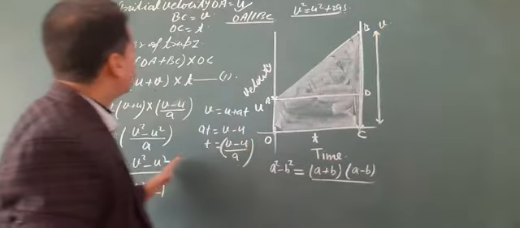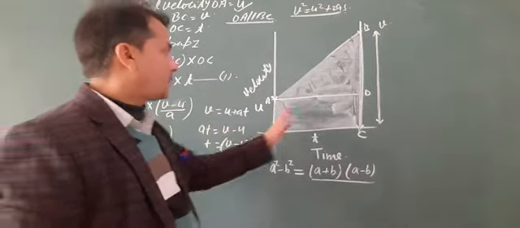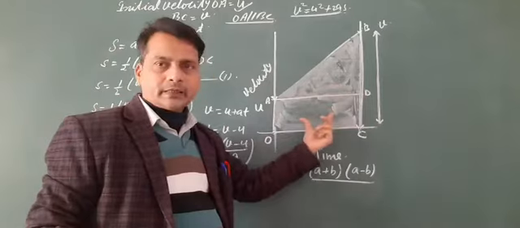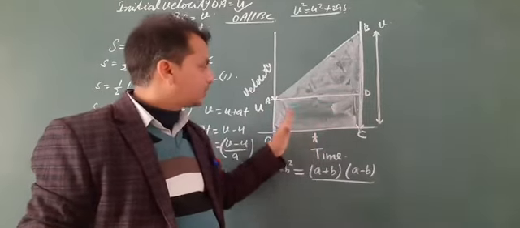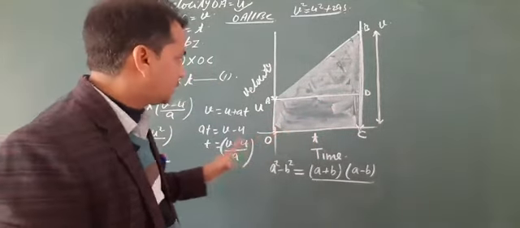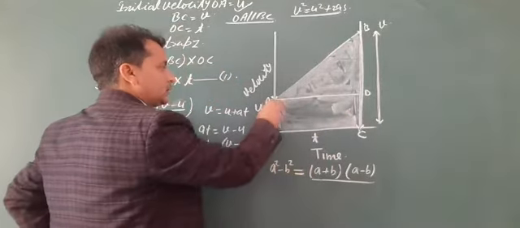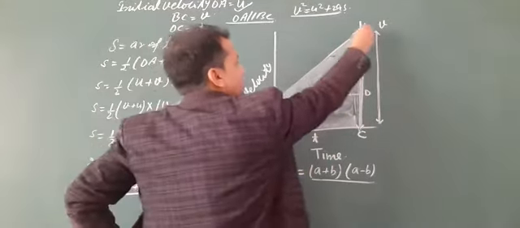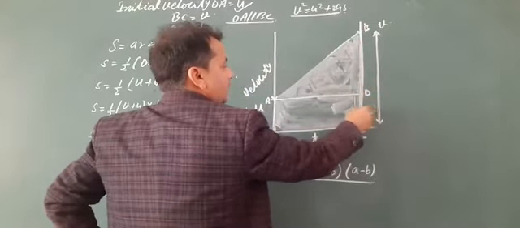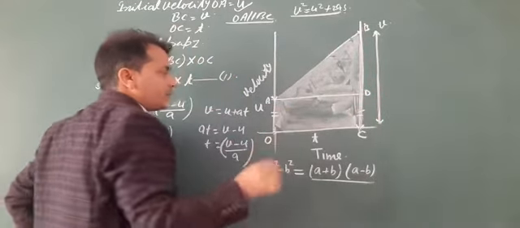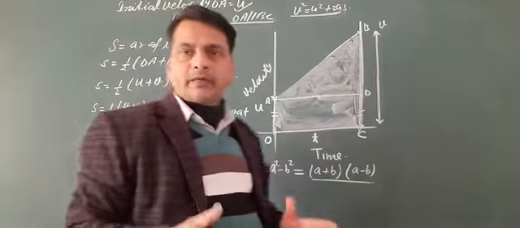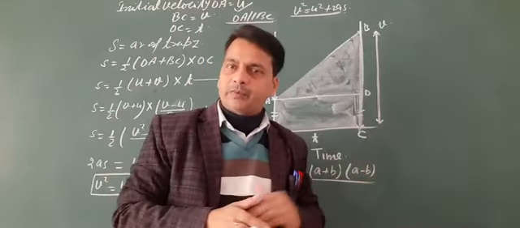So here it is clear that this type of quadrilateral is known as a trapezium, because of the properties of this figure: one pair of parallel sides and another pair of non-parallel sides.